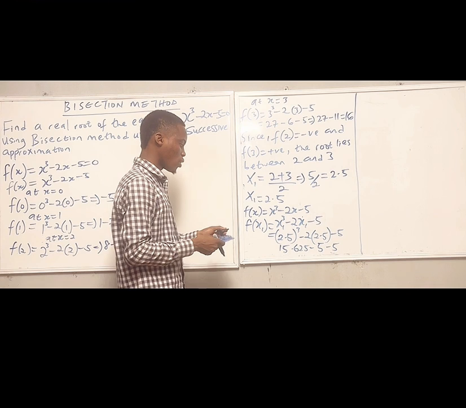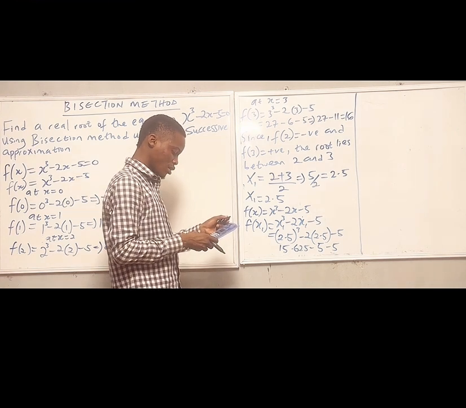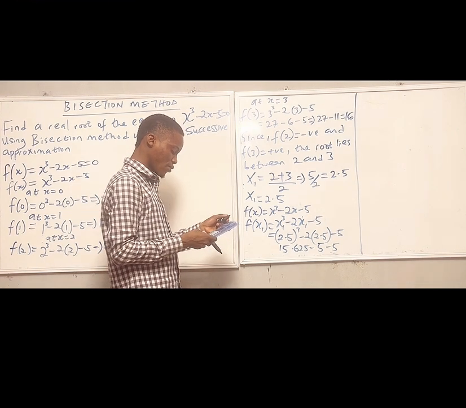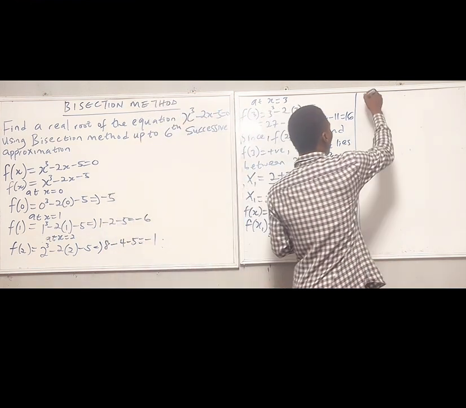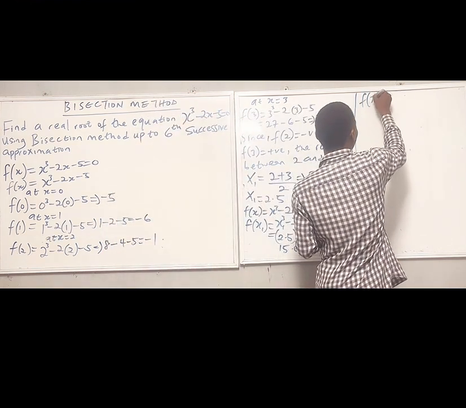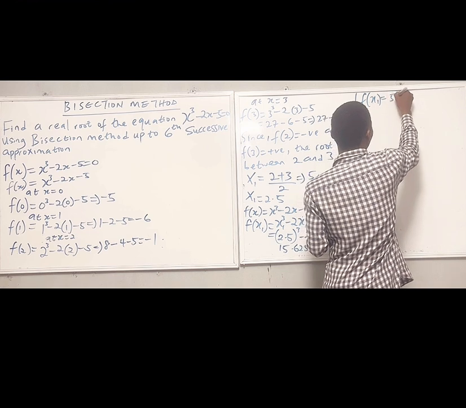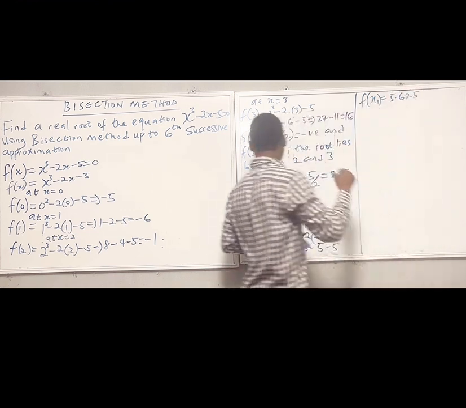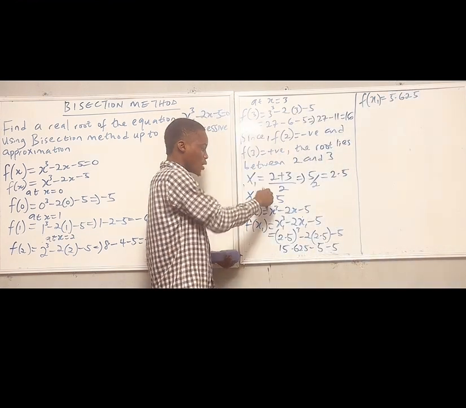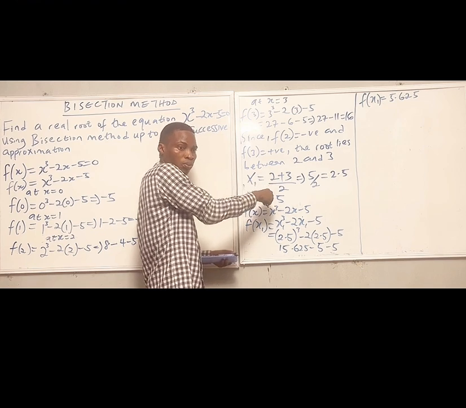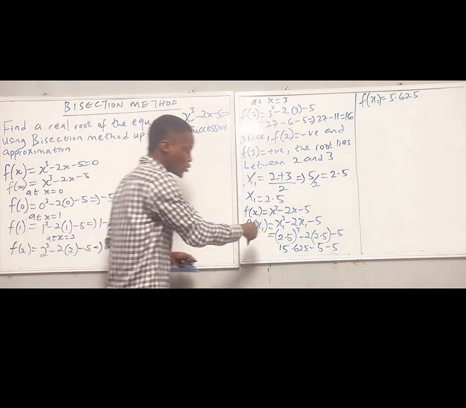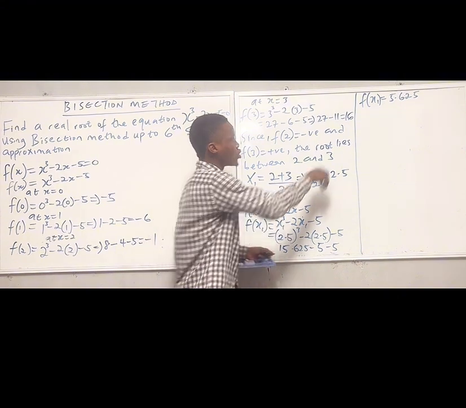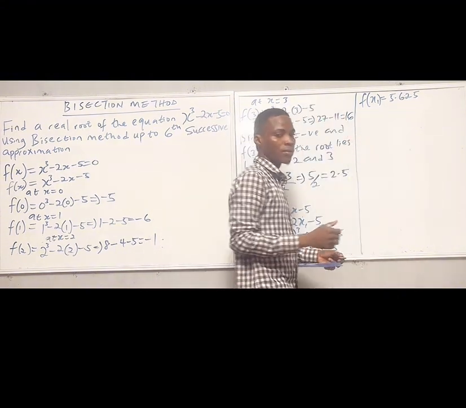So I have 15.625 minus 5 minus 5, which is 5.625. So f of x1 is equal to 5.625. Once I get my first approximation, I substitute it into the function I'm given.